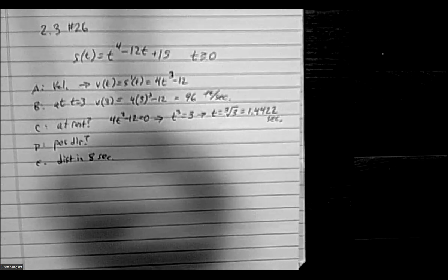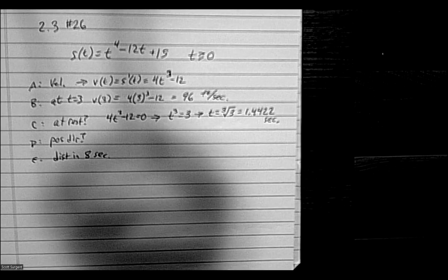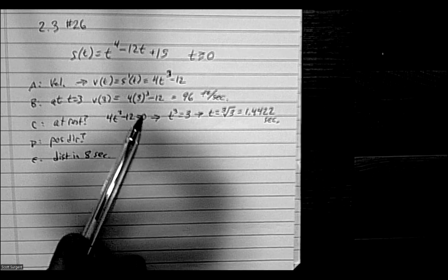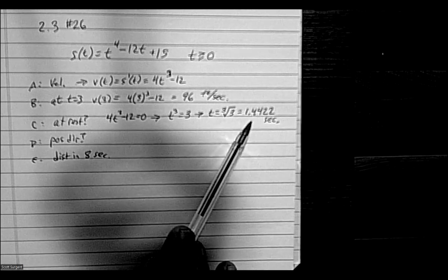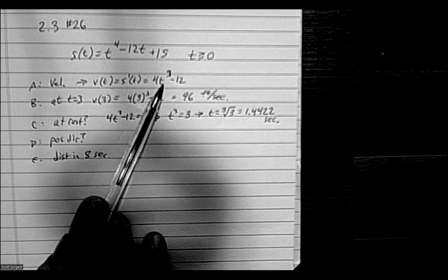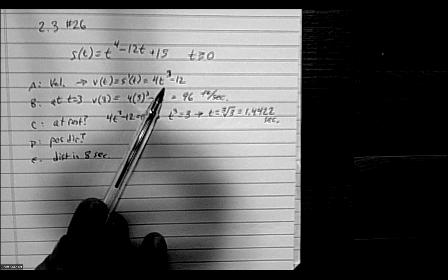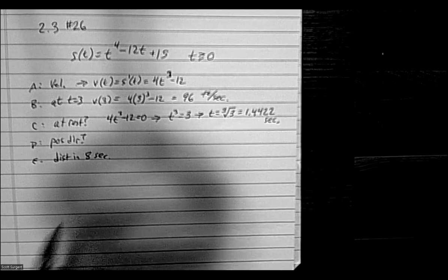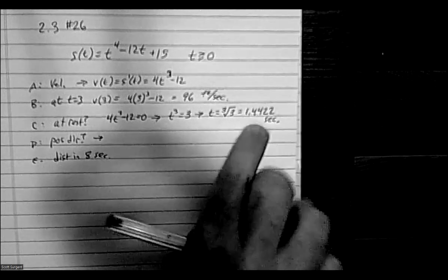This is actually key for what happens next. Check this out. If I put in, let's say, a 1, so 1 is to the left of 1.4422, and put it into the derivative, I'm getting a negative velocity, which means it's going to the left, so to speak. So it's moving to the right everywhere to the right of 1.4422.